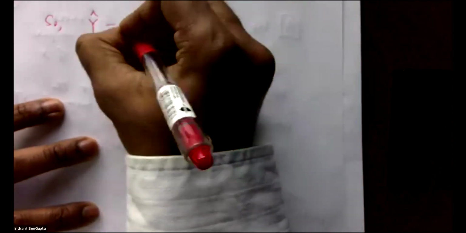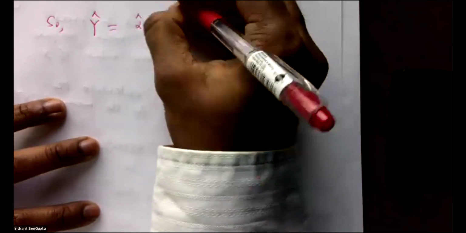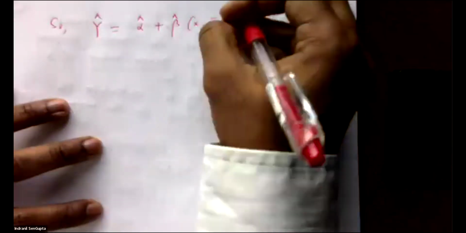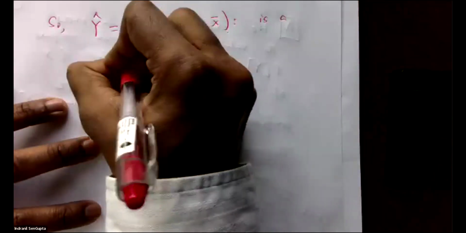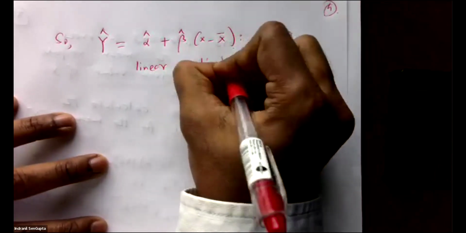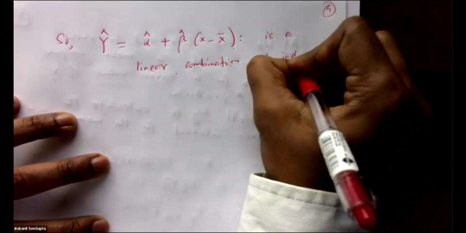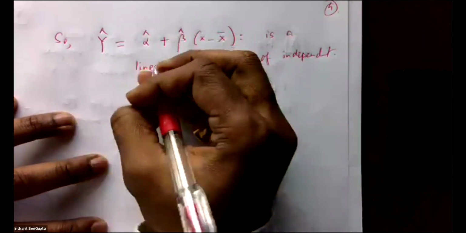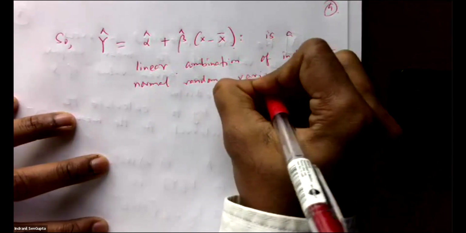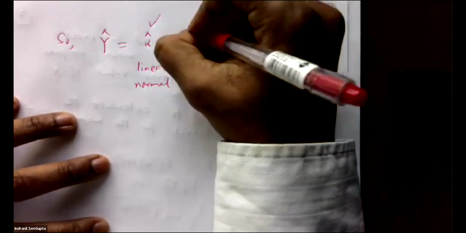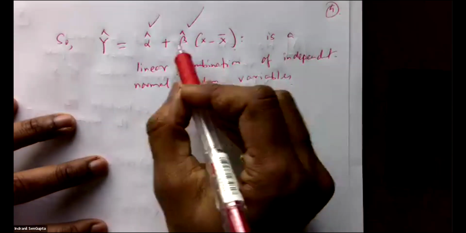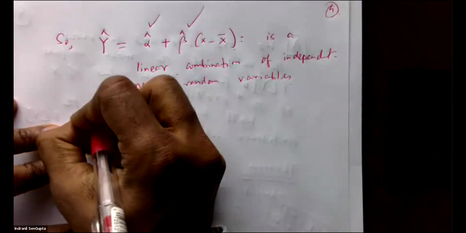So what is y hat? y hat is given by alpha hat plus beta hat times x minus x bar, a linear combination of independent normal random variables. This alpha hat is normal, beta hat is normal, so you're taking the sum of two normals, and they're independent. What is E of y hat?